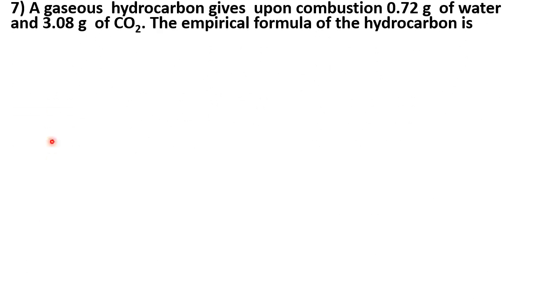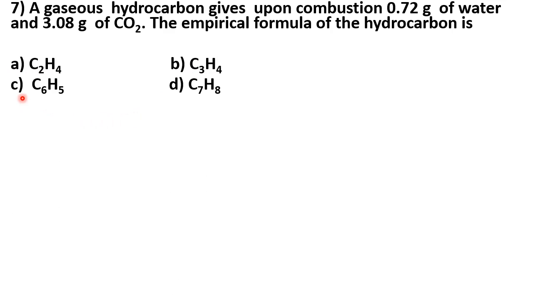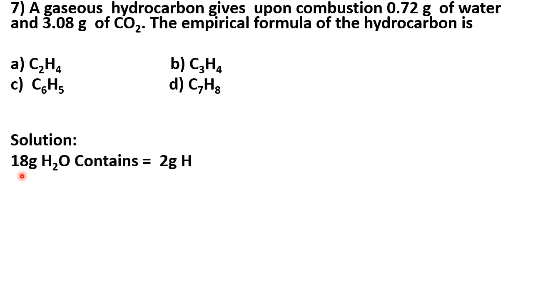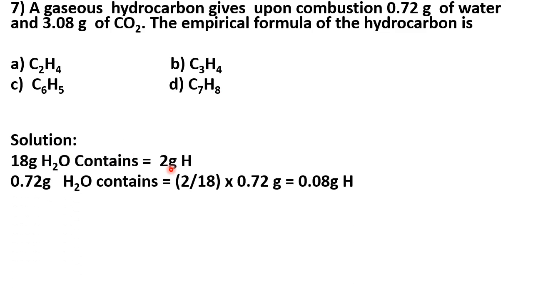Question number 7. A gaseous hydrocarbon gives upon combustion 0.72 gram of water and 3.08 gram of carbon dioxide. The empirical formula of the hydrocarbon is dash. Options are A C2H4, B C3H4, C C6H5 and D C7H8. 18 gram of water will contain 2 gram of hydrogen atoms.